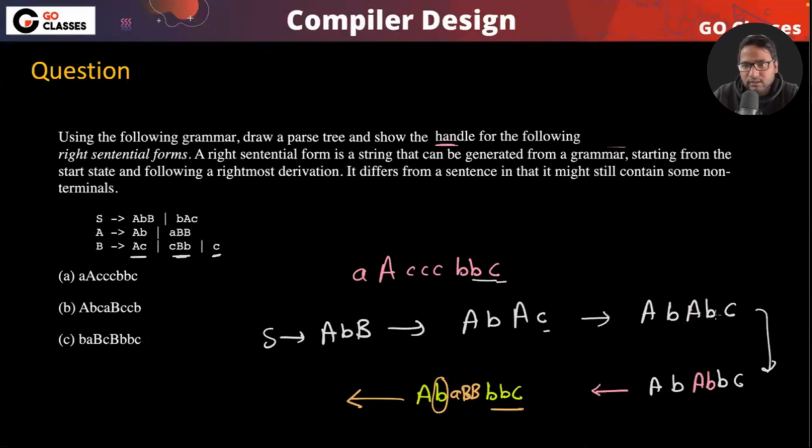After that, okay, maybe there is some mistake here. So this C is matching. This is B. From this A, okay, this is BBC, right?